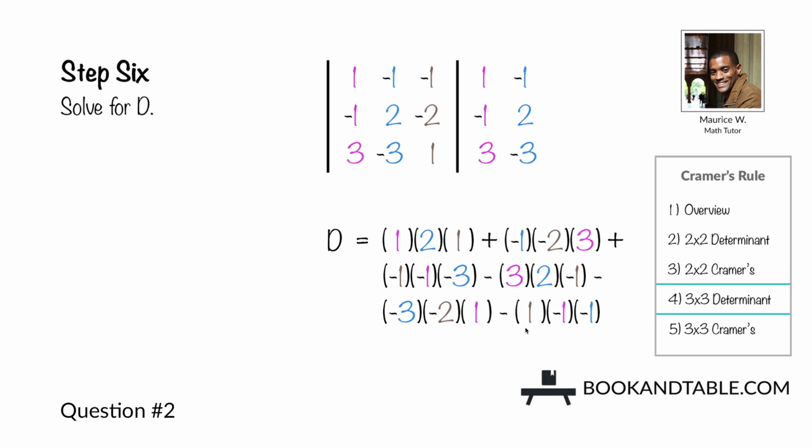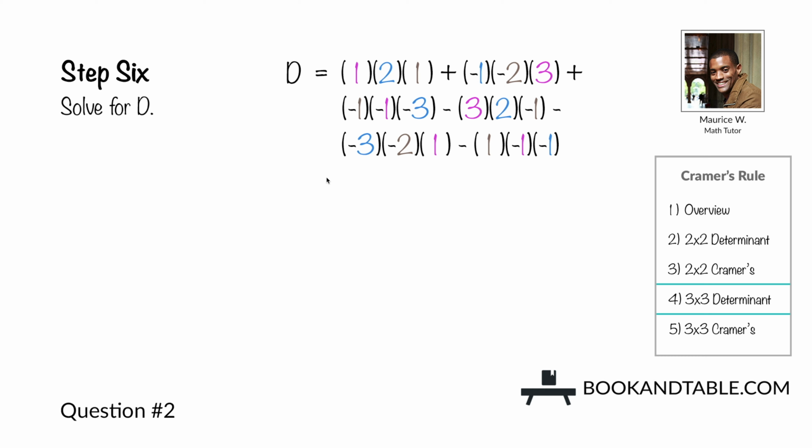And now, step 6, we can solve for d by evaluating this expression. So let's move our matrix to the side. And we see d is equal to 1 times 2, which is 2. 2 times 1 is 2. Plus negative 1 times negative 2 is positive 2. Positive 2 times 3 is positive 6.